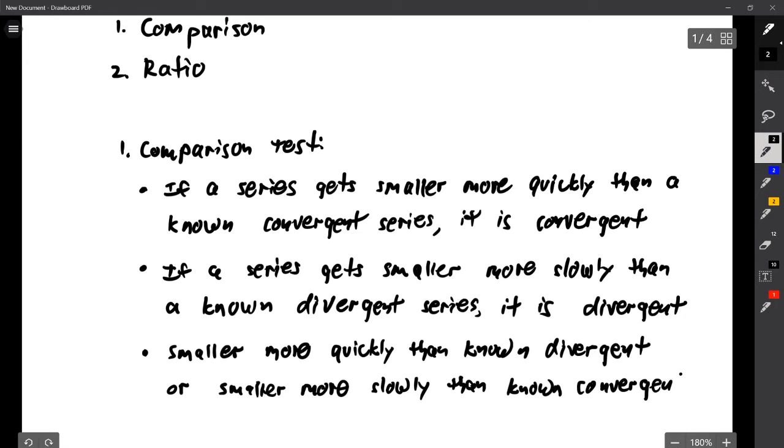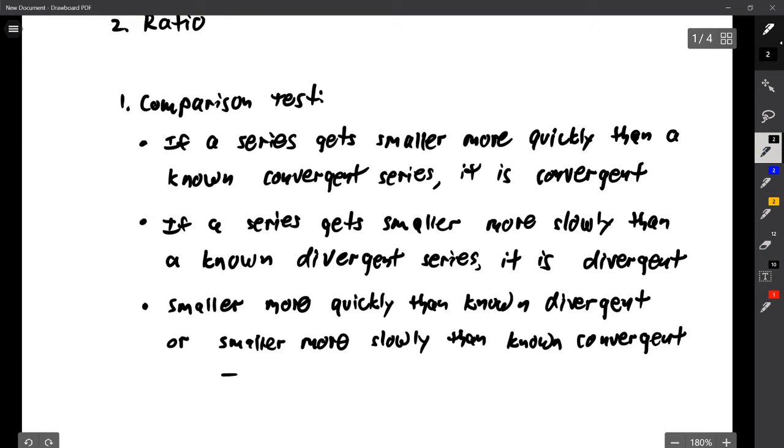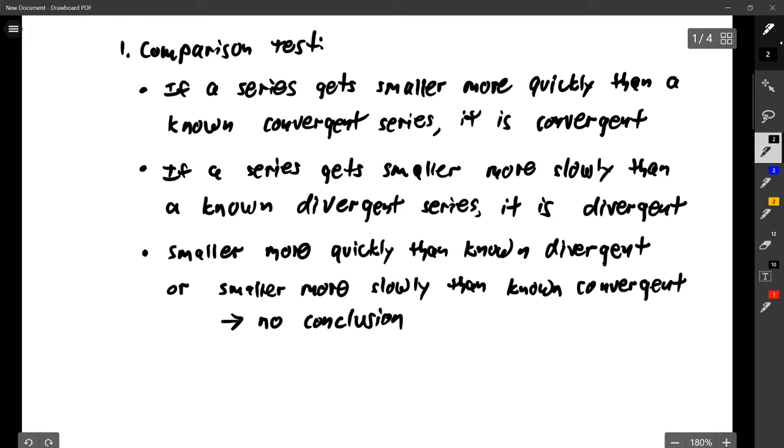What's going on here? No info. No conclusion. In other words, just because your series is getting small quicker than a known divergent does not necessarily mean it must be convergent.